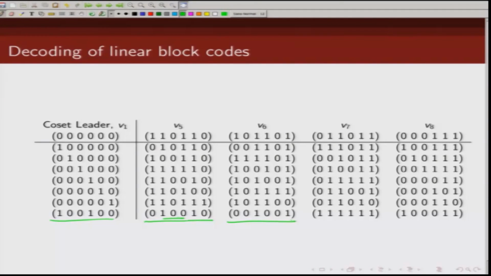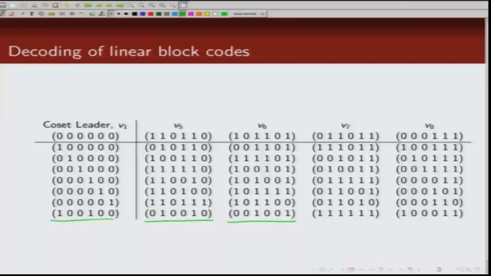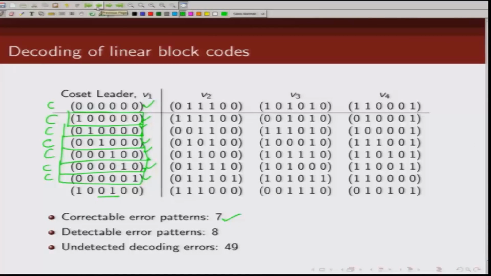So, in this last row, my coset leader is no longer the error pattern with lowest Hamming weight. There are 2 other error patterns which also have Hamming weight 2. Okay. So, in this situation, when my syndrome is pointing to this coset, I would not be able to do error correction.